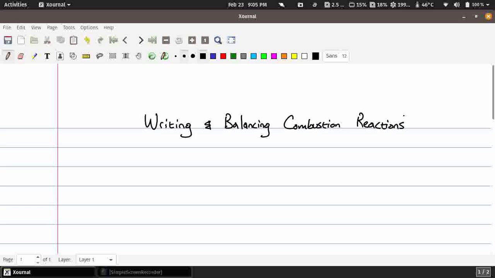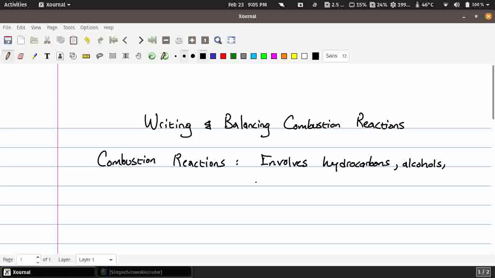So first things first. What is a combustion reaction? A combustion reaction involves a hydrocarbon or alcohols mainly and oxygen in the presence of heat.